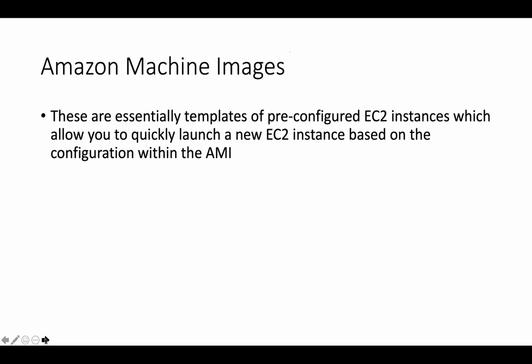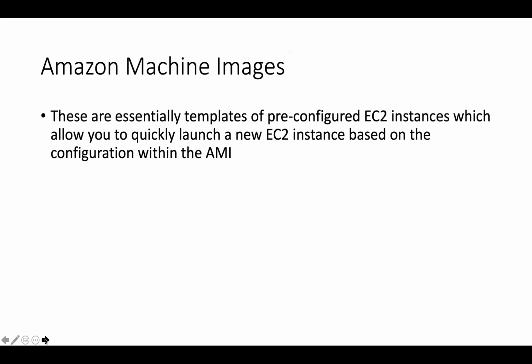These are essential templates of pre-configured EC2 instances which allow you to quickly launch a new EC2 instance based upon the configuration within the AMI. This saves you from having to install an operating system or any other common application that you might need on a number of other EC2 instances. It provides an image baseline that will include an operating system and application along with any custom configurations.